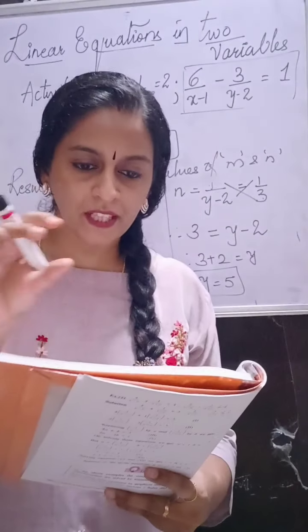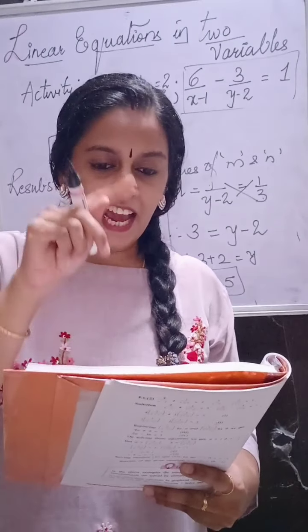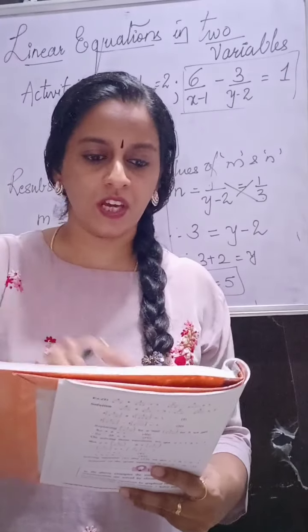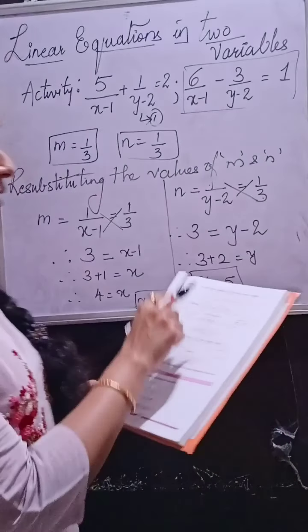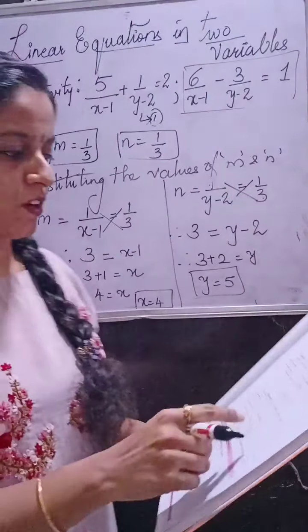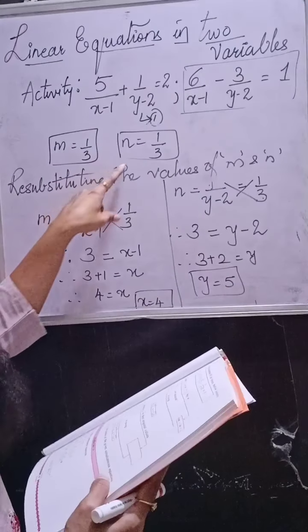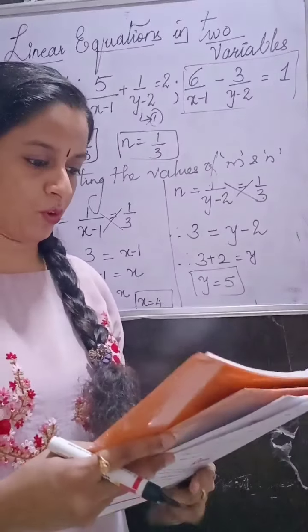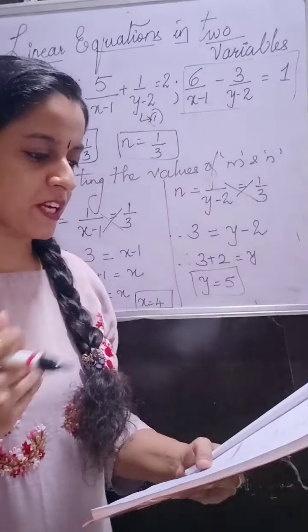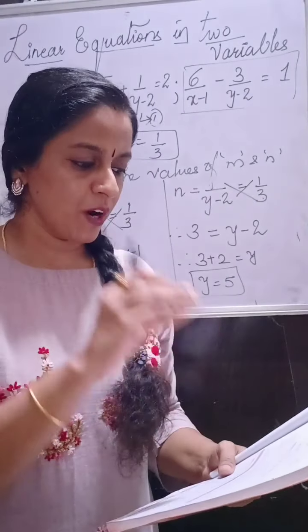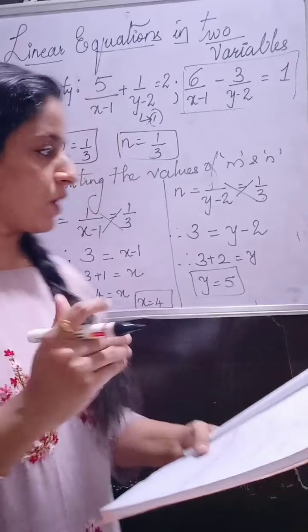Now you will copy this part as it is given and wherever you have the box, no? See, first box here, you will copy the first equation that we had got. m and n, how much we got? m we got as 1 upon 3, n we got as 1 upon 3, both 1 upon 3. Then those steps and all you need not write. 1 upon x minus 1 is equal to 1 upon 3.